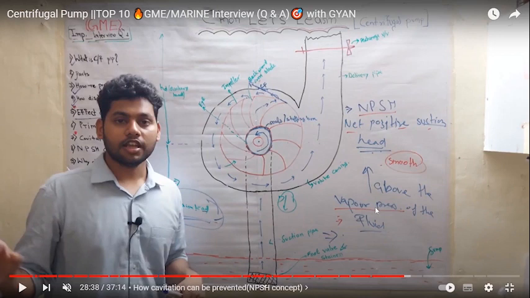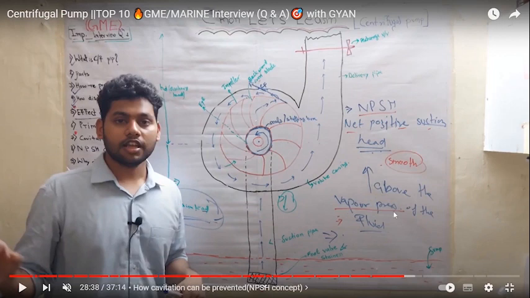Otherwise, if the vapor pressure of the fluid overcomes the pressure in the pump, that is just an analogy, we are not talking about atmospheric pressure here, it is the pressure in the pump. When the vapor pressure of the fluid overcomes the pressure in the pump, then it will start boiling. So we ensure that this NPSH level should be greater than the vapor pressure of the fluid.